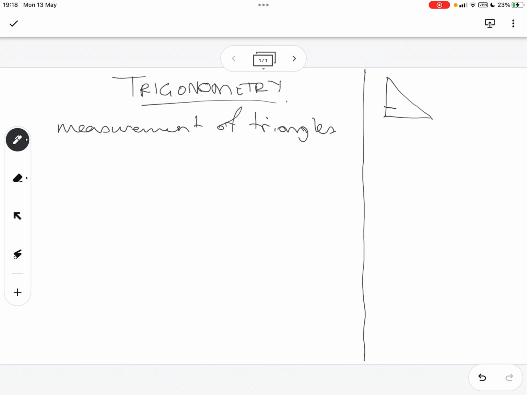We've got right-angled triangles. We've got isosceles triangles, where two sides are equal and two base angles are equal. We've got equilateral triangles, where all the angles are 60 and all the sides are equal.